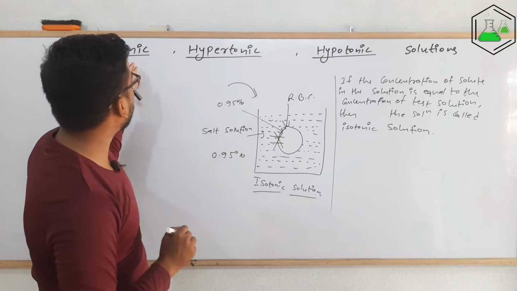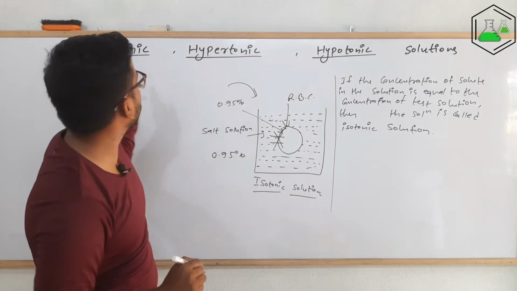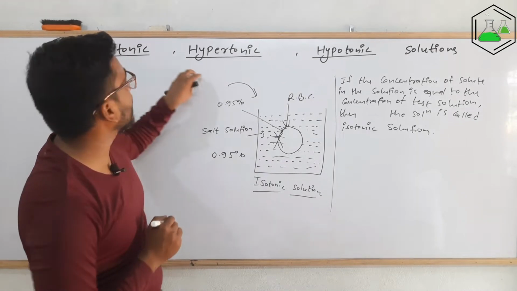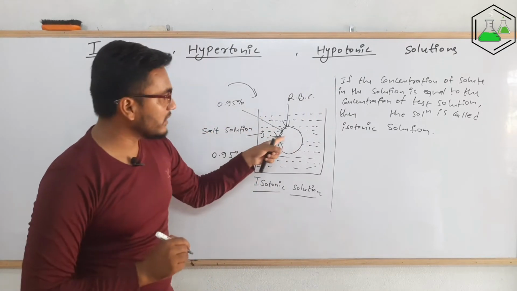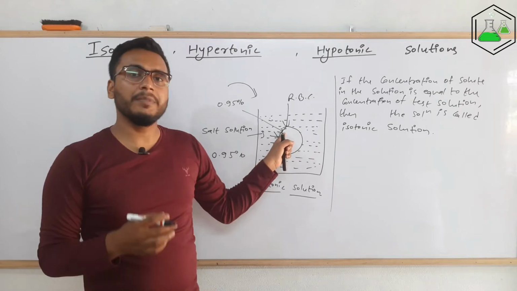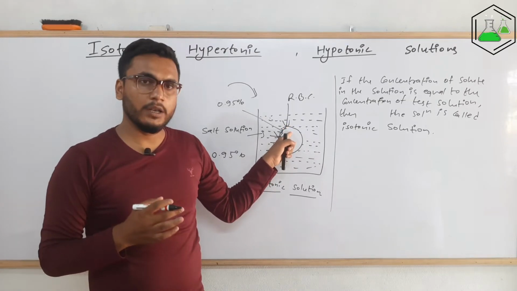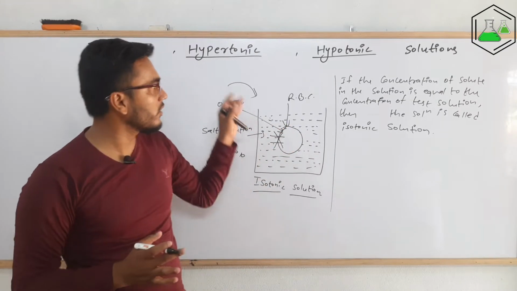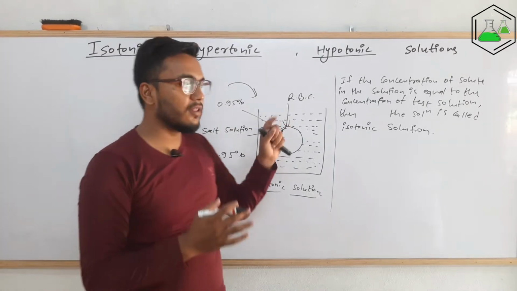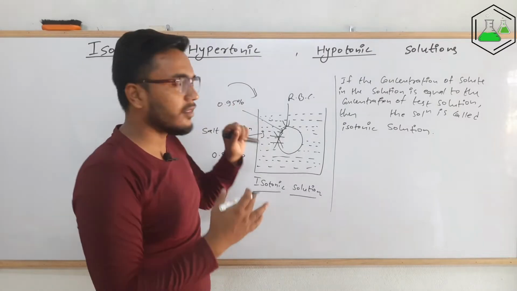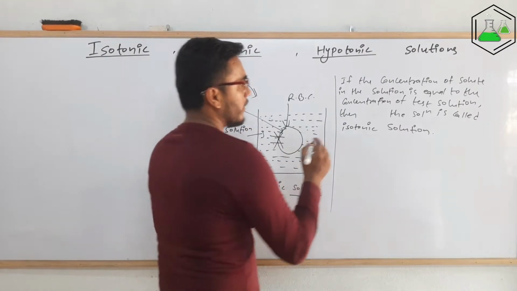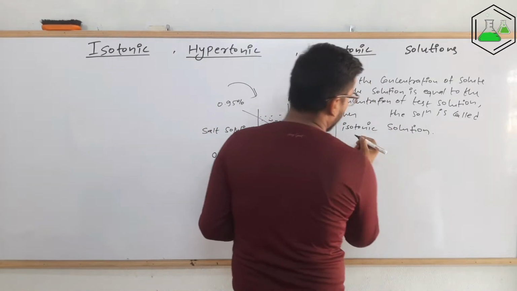We need to know that a solution is classified as isotonic, hypertonic or hypotonic only in relative cases. It depends on what type of material is kept in it. This is not a property of the solution itself, but a relative property. We are trying to understand this in a relative condition. So this type of solution is called an isotonic solution.